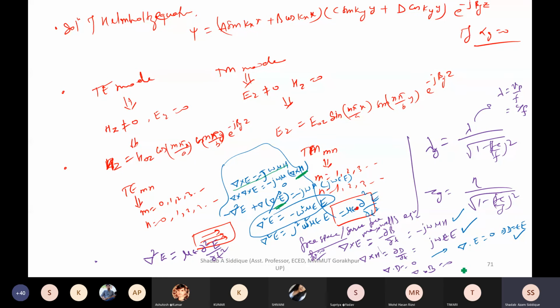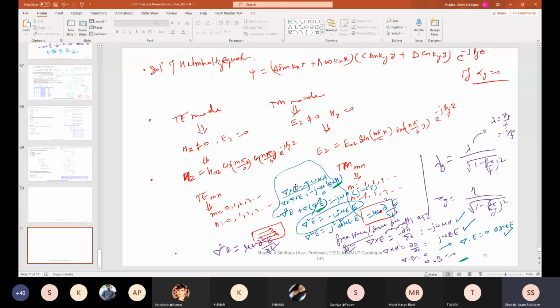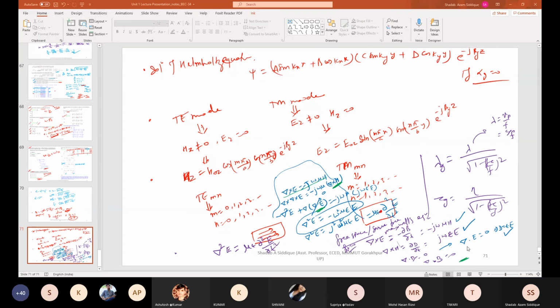Divergence of B is not used. Okay, so I hope you understand the question. I'll wrap up here. Any doubt? Please let me know if any doubt.